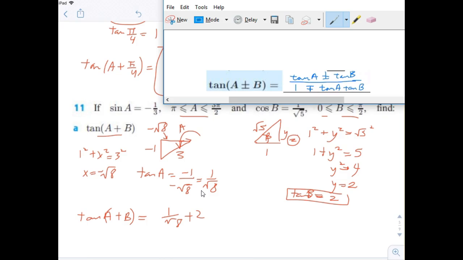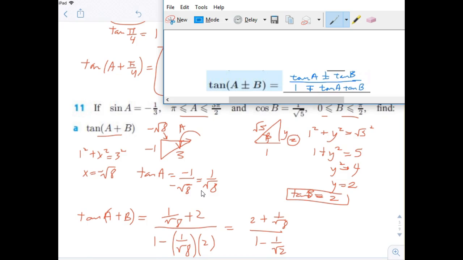And then in the denominator, we're going to have 1 minus 1 over square root of 8 times 2. Okay, 2 plus 1 over square root of 8, over 1 minus 2 over square root of 8, which is the same thing as 1 over square root of 2, because the square root of 8 is 2 square root of 2.